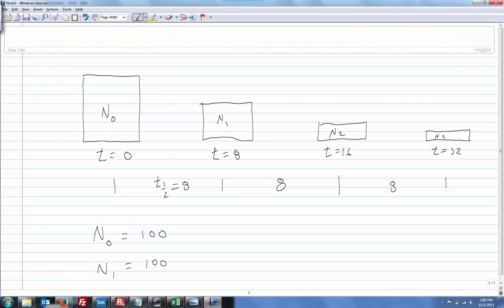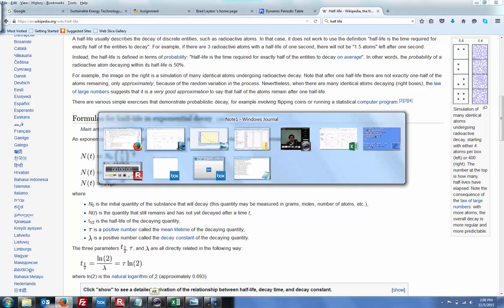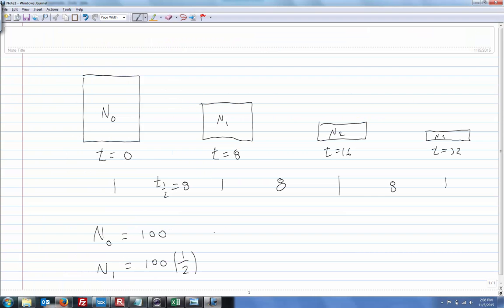So 1/2, and we're going to take this to the power t divided by the half-life. For N1, we know that time actually equals 8.